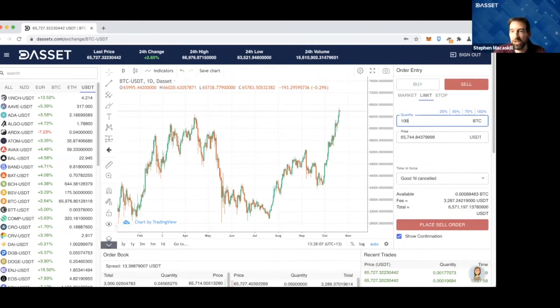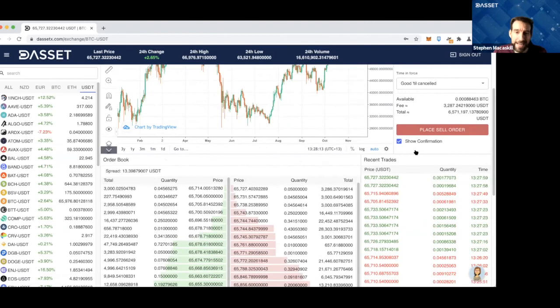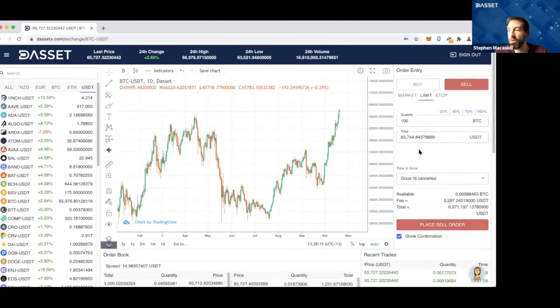So if I put in an order for 100 Bitcoin, then it would partially fill, where I'd have about 98.7 Bitcoin left in that order. Now, that order will remain partially filled until people sell me their Bitcoin. And so it could remain partially filled forever. If you cancel the order, then the order will never fully complete. So it can go either way.